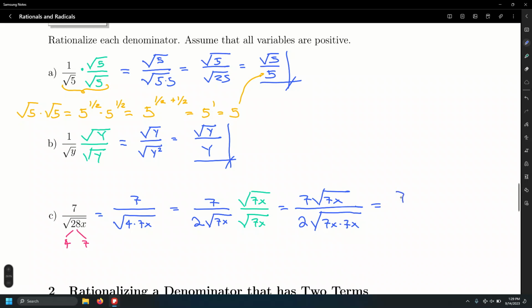That'll be 7 root of 7x over 2 times the square root of 7 times 7, that's 49, x times x equals x squared.